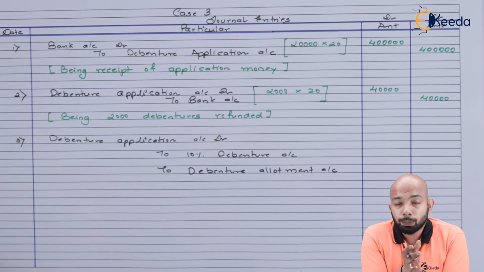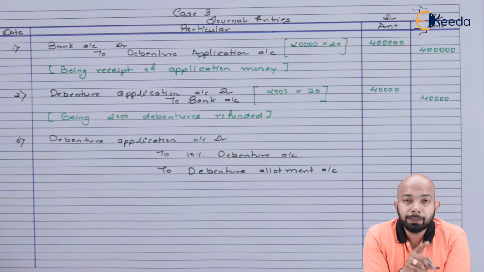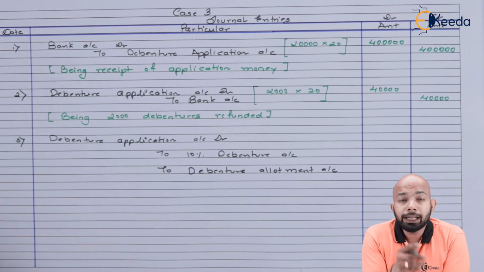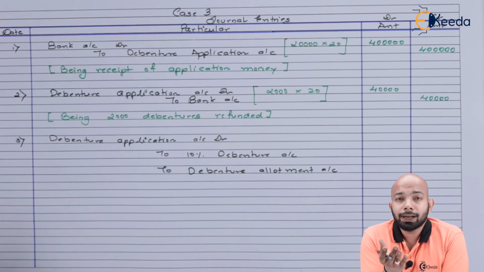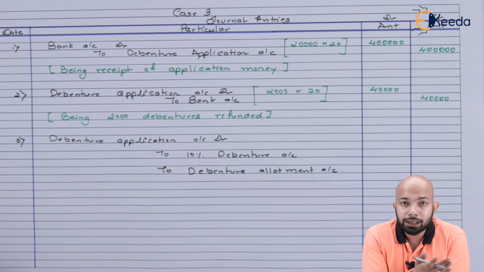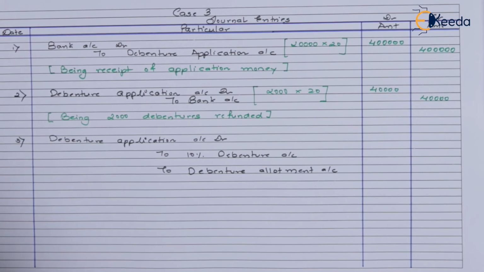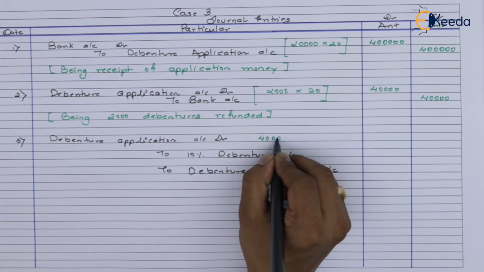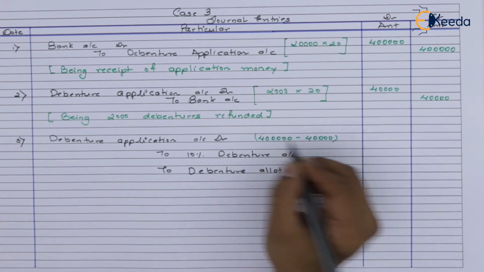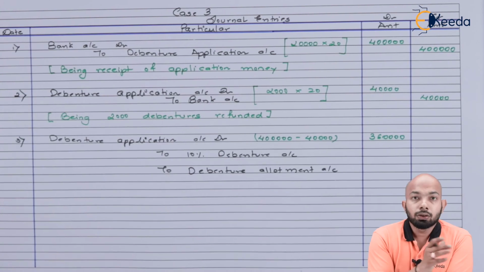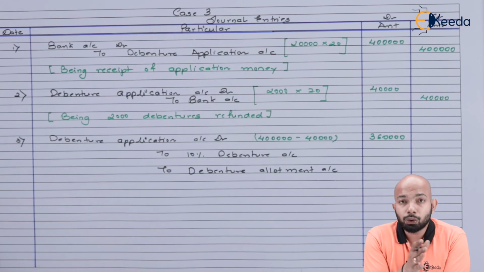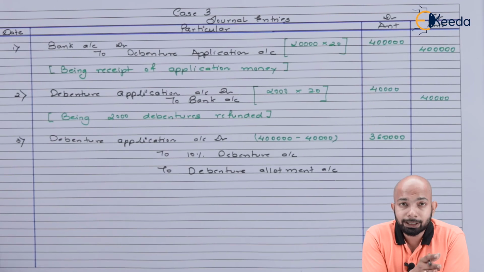Now, again, as we know the protocol that we have to follow here, the debenture application amount will be the total application received subtracted by the total refund, which will give you the debit side of this. Let's figure out that part. So 4 lakh minus 40,000 will give you a total amount of 3,60,000 on the debit side.